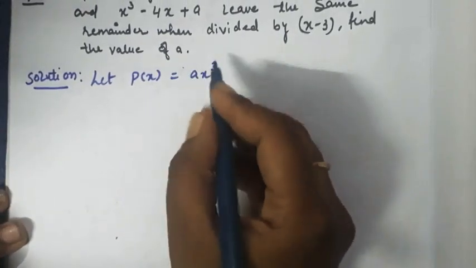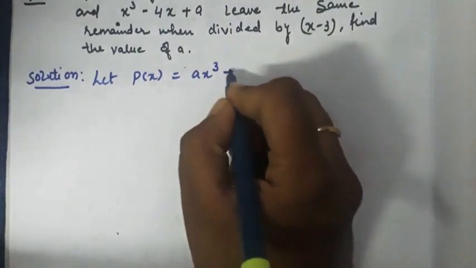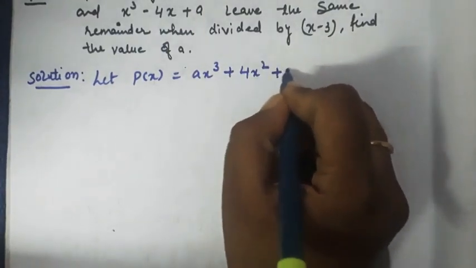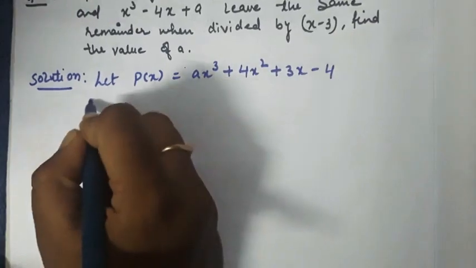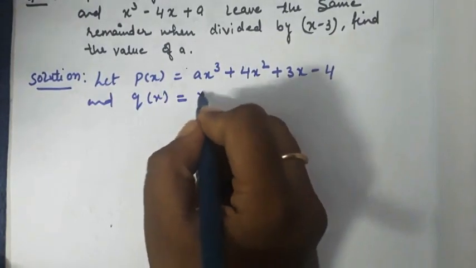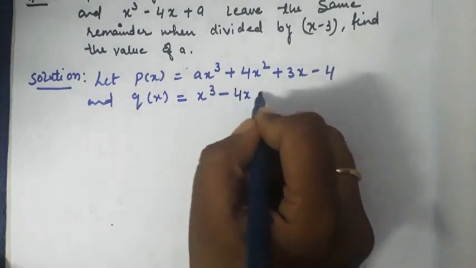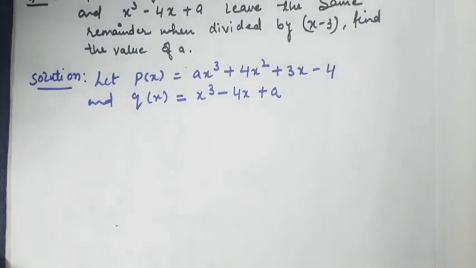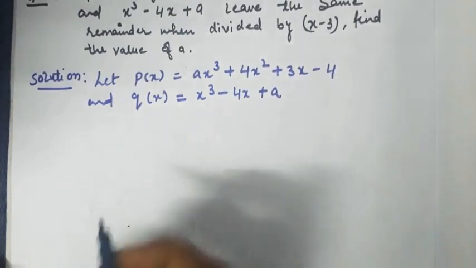Let p(x) be equal to ax cube plus 4x square plus 3x minus 4 and q(x) be equal to x cube minus 4x plus a. These are the given polynomials.